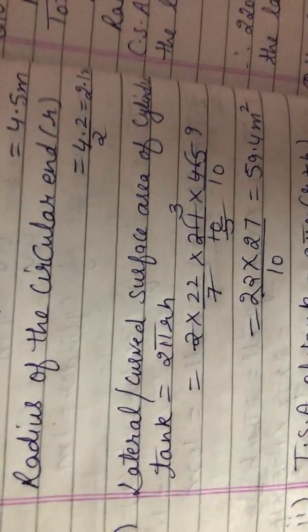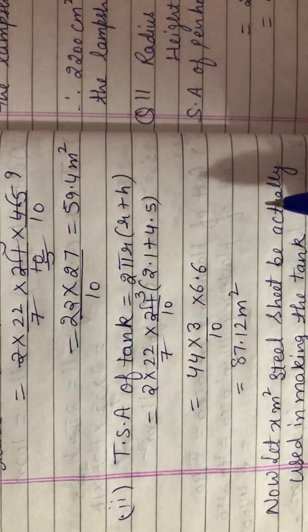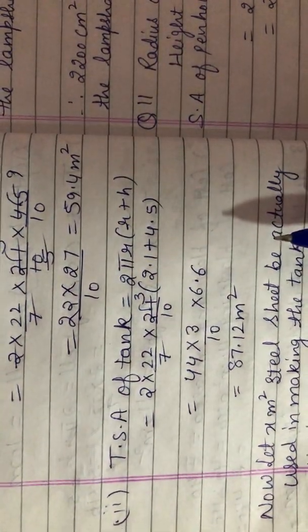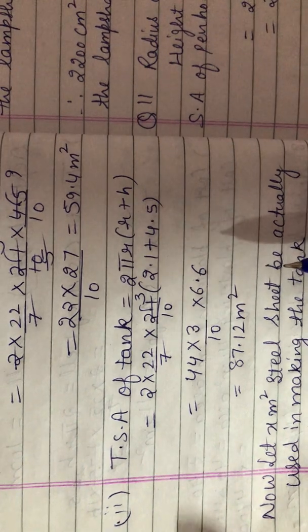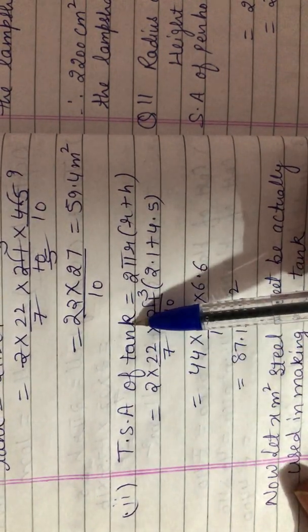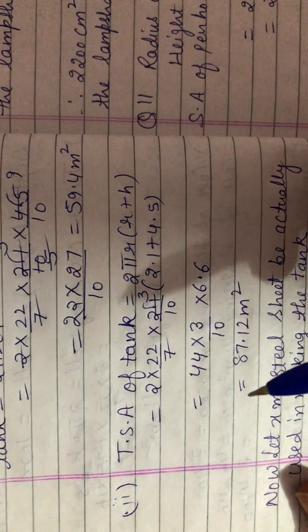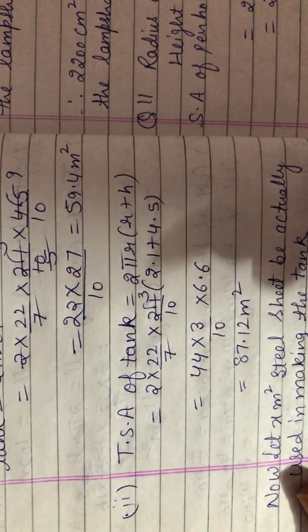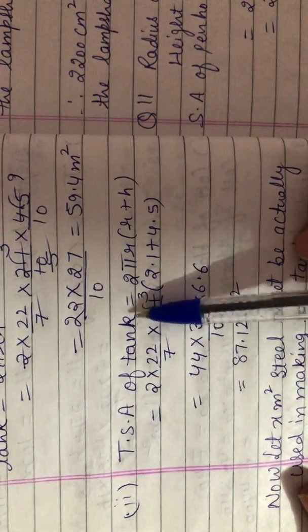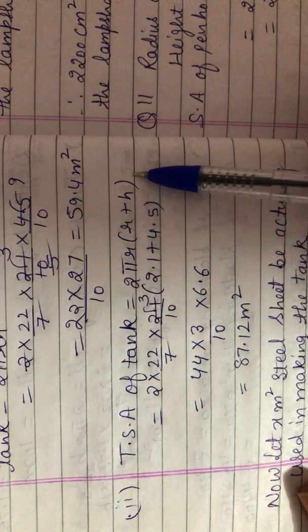Now we have to make this tank, and we have to find how much steel is actually used in making the tank. If we have to make a closed cylindrical petrol storage tank, it means we need the total surface area of the tank, which will be 2 pi R into (R plus H).